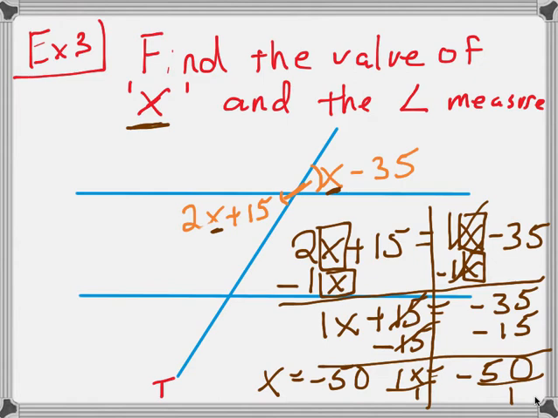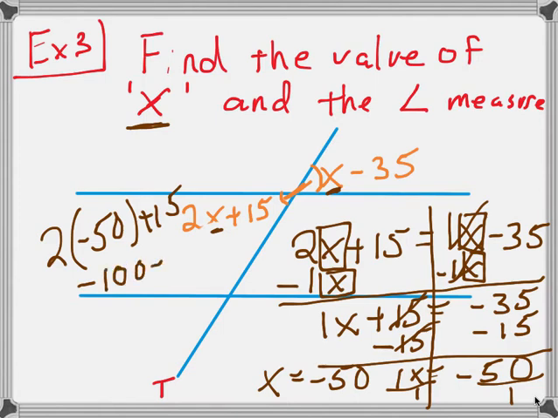Now, I'm going to tell you that this don't work out pretty because if I do that, this is what's going to happen. Since I got negative 50 for x, and I plug and chug, I got 2 times negative 50 is negative 100, plus 15 it tells me that my angle measure is negative 85 degrees.